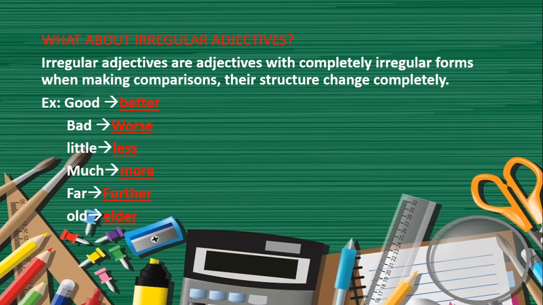When an adjective is irregular, they don't have a fixed ending, and they don't have rules. So what do we have to do to know the irregular way of an adjective? We need to learn the irregular ways. We need to study them. There is not a specific rule. For the regular ones, we have specific rules.